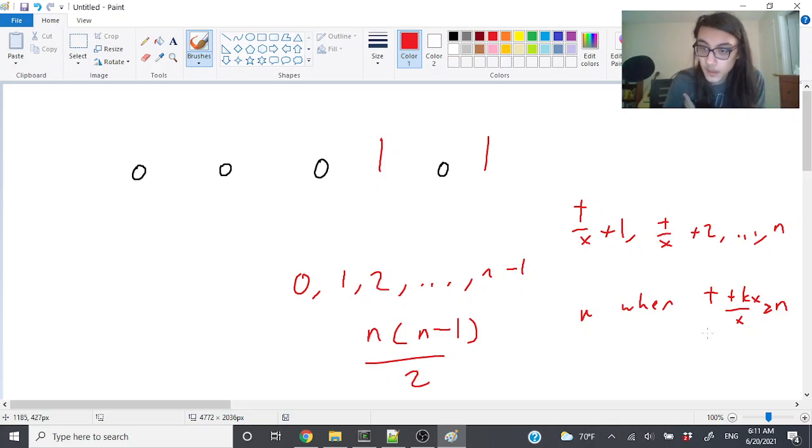Which is to say kx is greater than or equal to nx minus t, or k is greater than or equal to nx minus t over x.